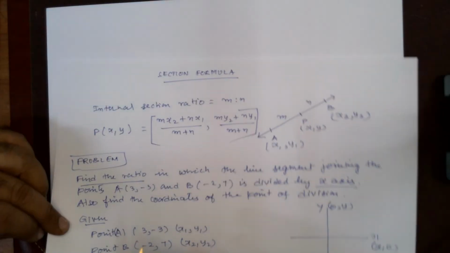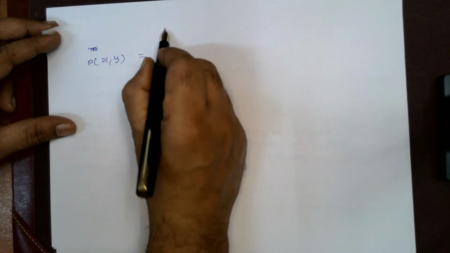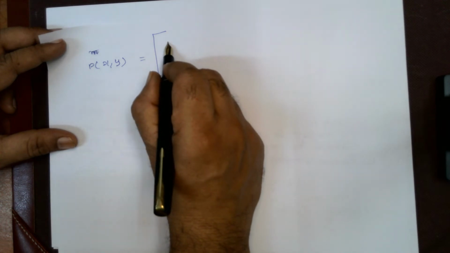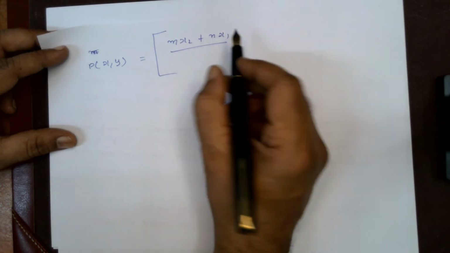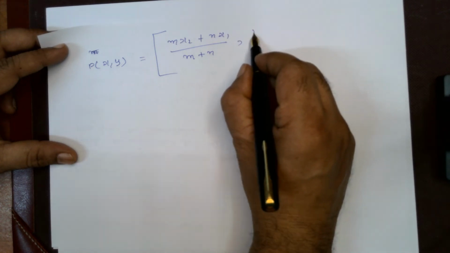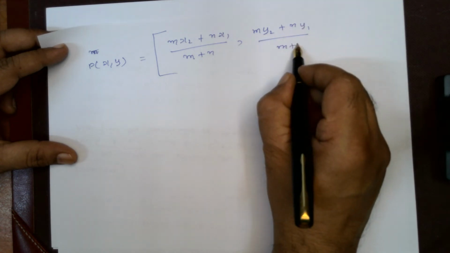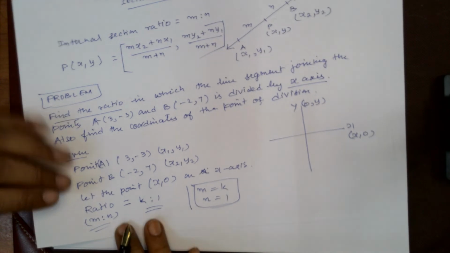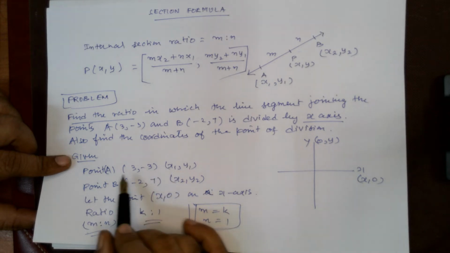The point P of x, y is given by the formula: m x2 plus n x1 divided by m plus n, comma, m y2 plus n y1 divided by m plus n. This is the formula, and we know m is k. Are you able to follow?